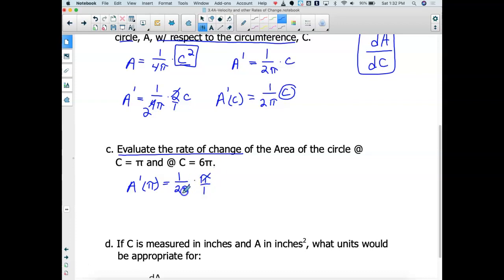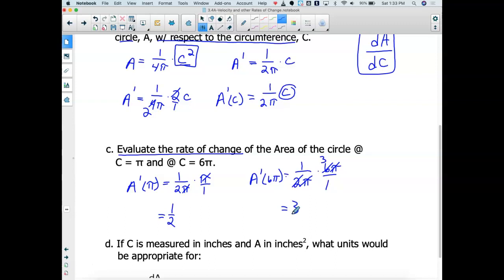Well, I can see that's over 1, so this is going to be 1/2. How about A prime of 6 pi? That's going to be 1 over 2 pi times 6 pi. If I put this over 1, I can see my pi's cancel, and 2 and 6 reduce, so I get 3.